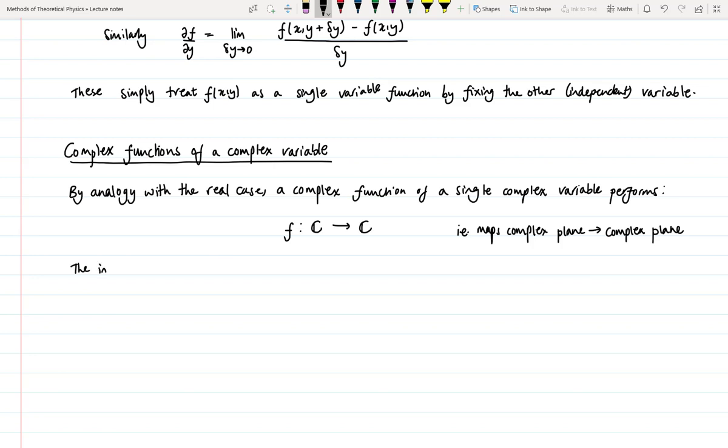The input is a complex number, and as in the first topic, we typically denote this as z is x plus iy. And we can also write this in modulus argument form as r e to the i theta, where here x, y, r, and theta are all real numbers. The output of our complex function is also a complex number.